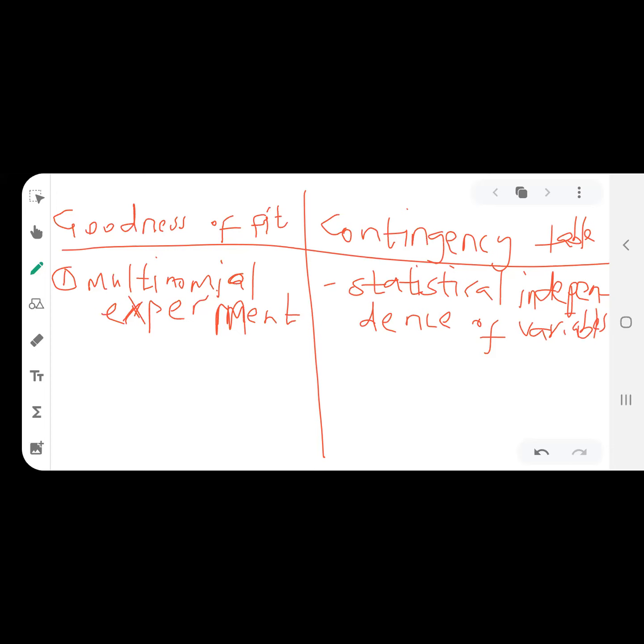With the goodness of fit, we are dealing with a multinomial experiment, and normally the test here will be checking whether there is a change or not, whether there is a difference in the proportions or not.